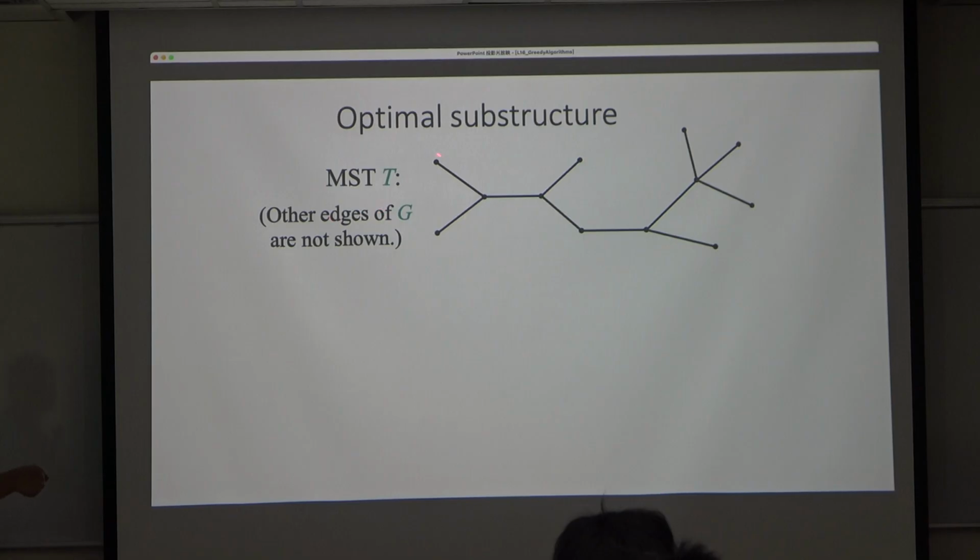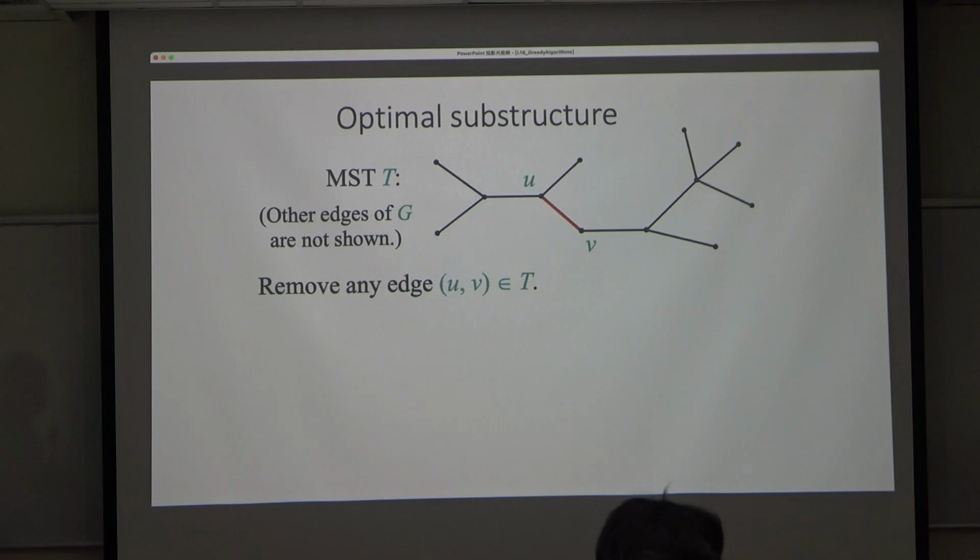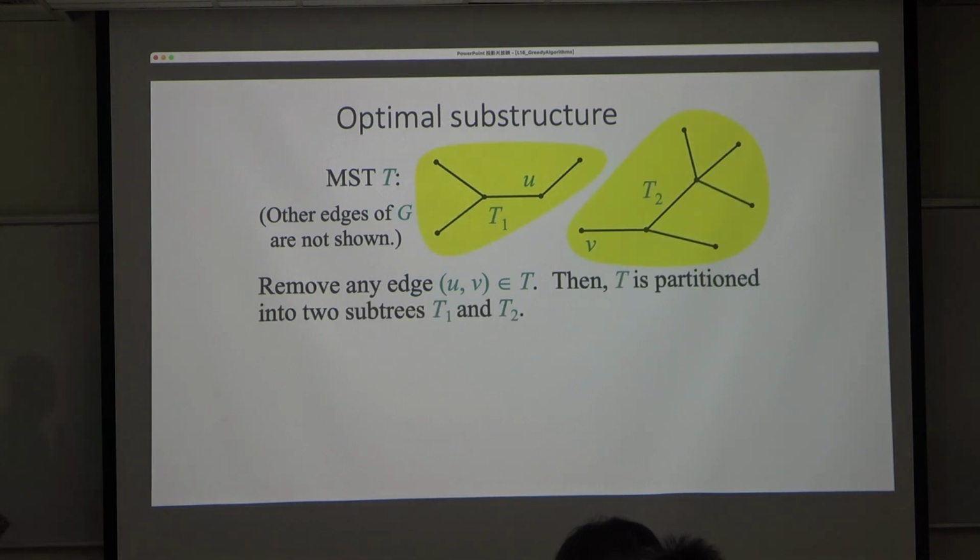Say we have an MST tree. Okay. If you remove any edge from this tree, say this edge is removed. Then T is partitioned into two subtrees, T1 and T2, right?